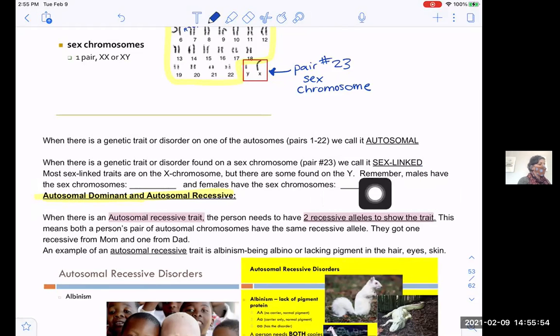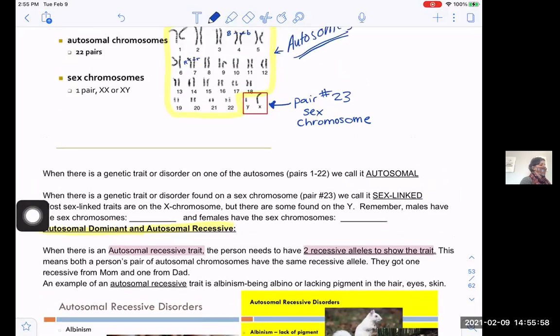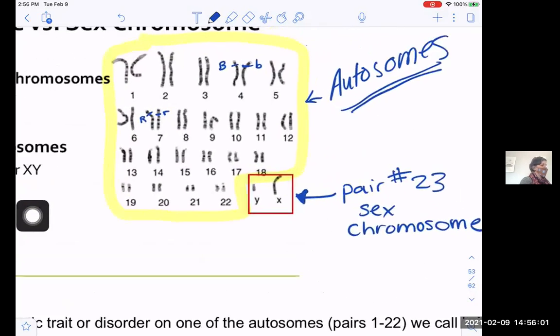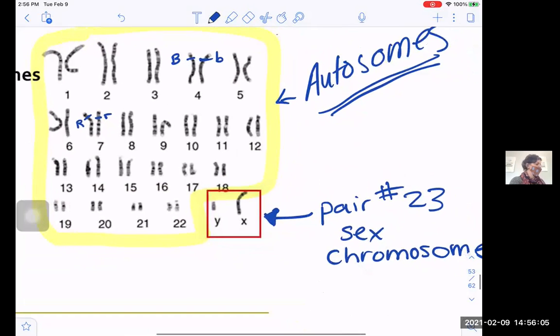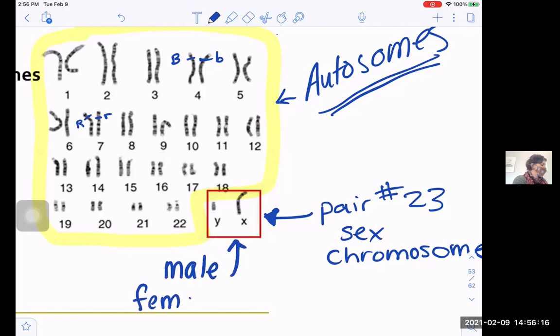But I do want to remind you again that males have what sex chromosomes? If we look back at our picture up here, can you tell if this is a male or a female? How do you know it's a male? Because they have an X and a Y. Yep. So females are XX, right?